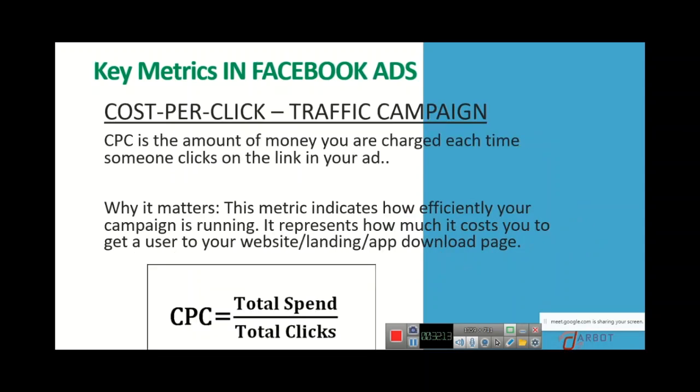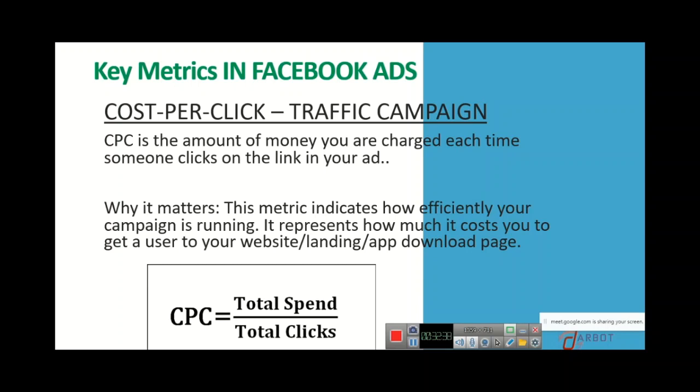The next one is cost per click, also known as CPC. Cost per click is the amount of money you are charged each time someone clicks on the link. This matters because the metric indicates how efficiently your campaign is running. It represents how much it costs you to get a user to your website, landing page or download page. Your CPC is total spend over total clicks.